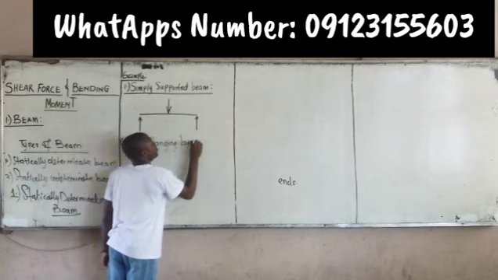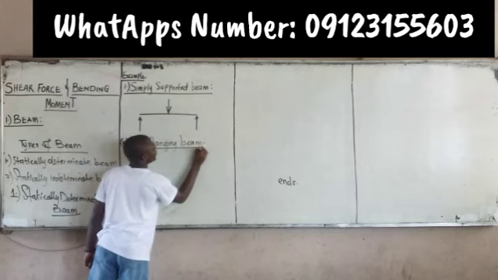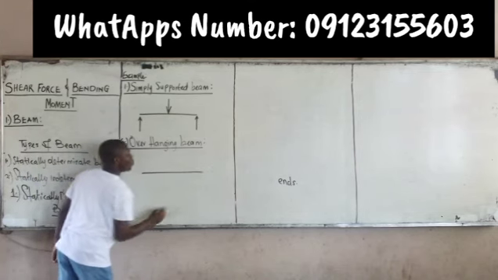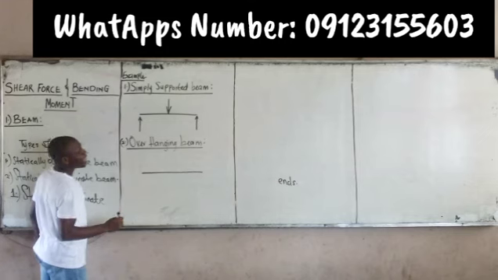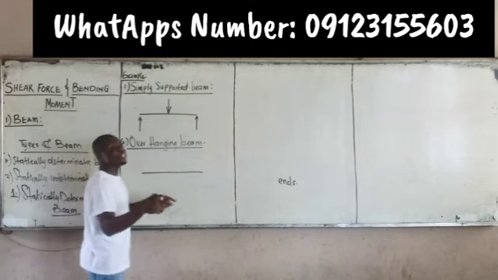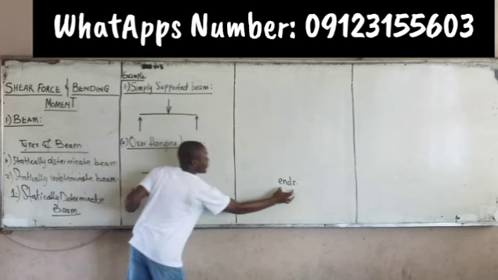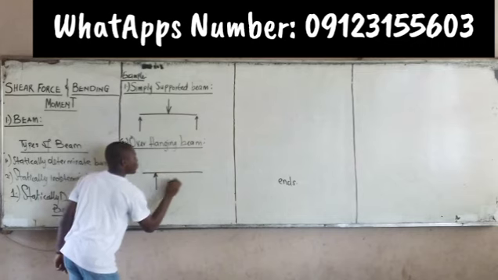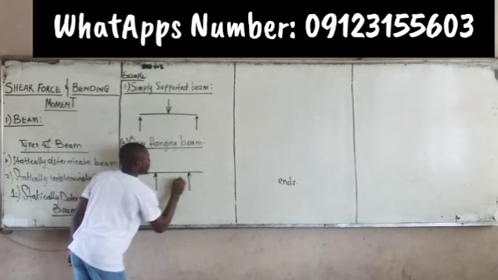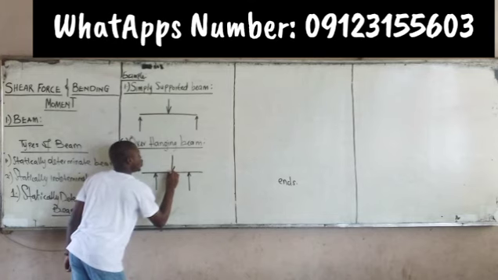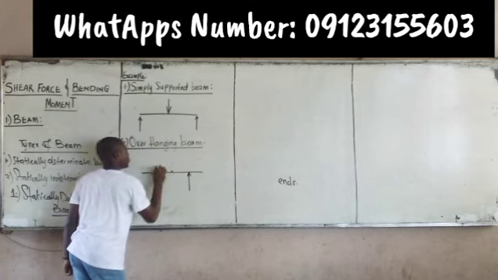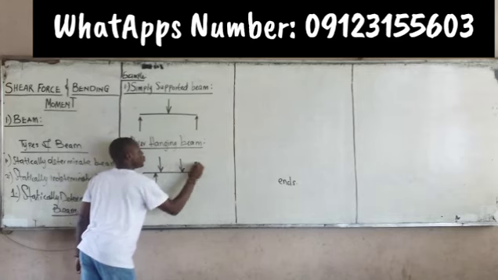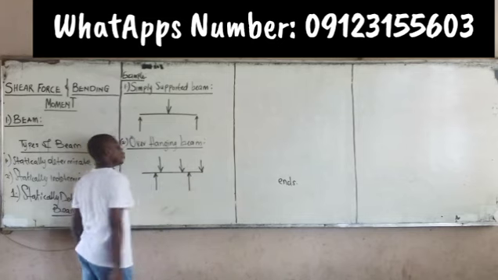An overhanging beam is simply a beam whose two ends do not rest on support.